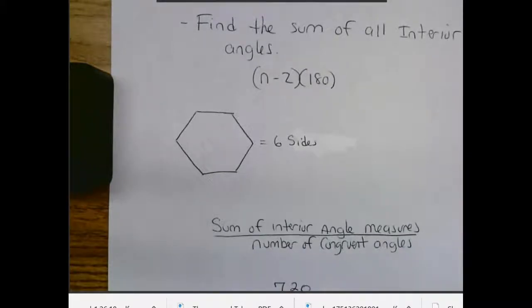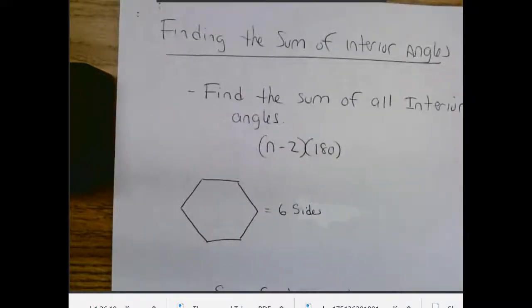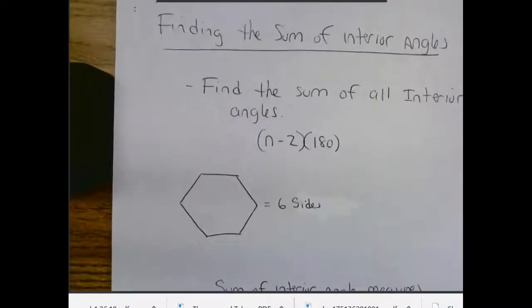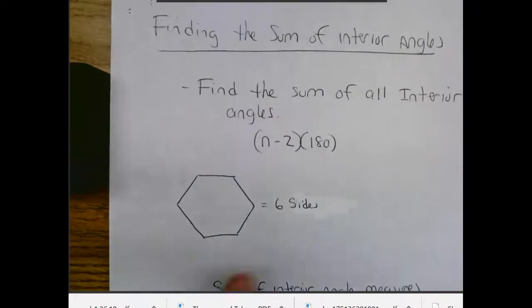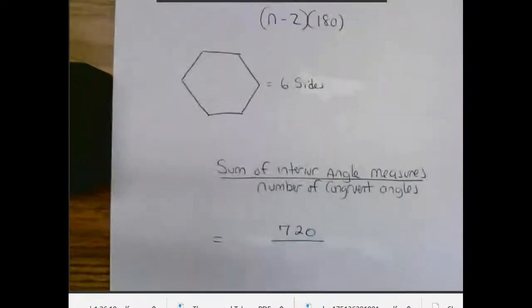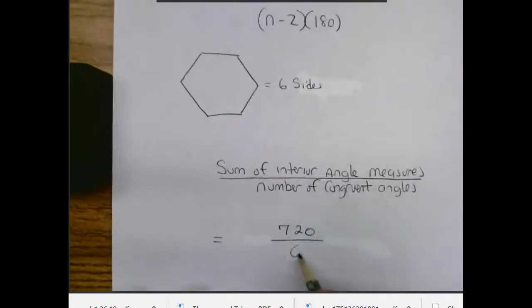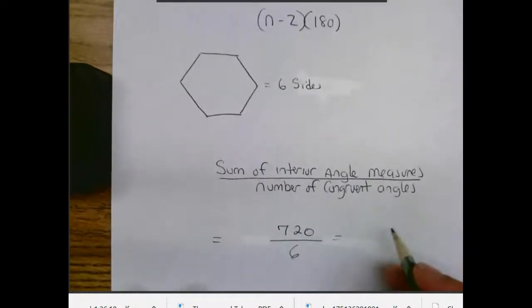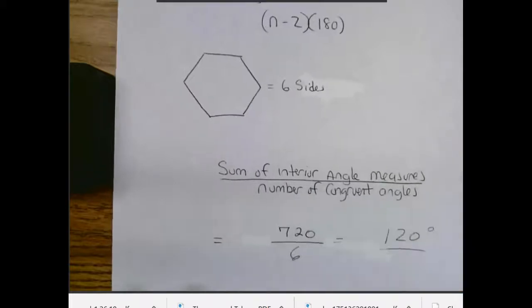So we would then take the 6, use this formula, 6 minus 2 is 4, 4 times 180 is 720 degrees, and then you just look at the number of angles. That would be 6, because we have 6 sides, 6 angles.